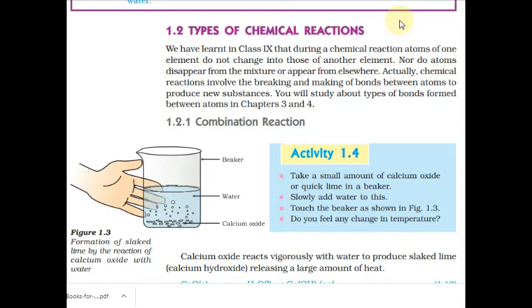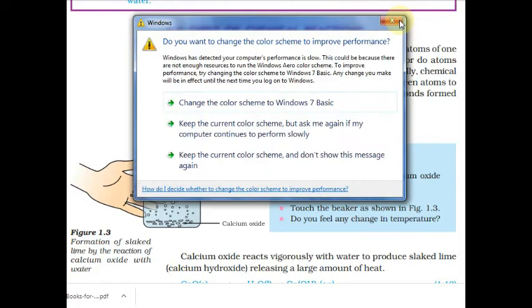Slaked lime, calcium hydroxide, releasing a large amount of heat.